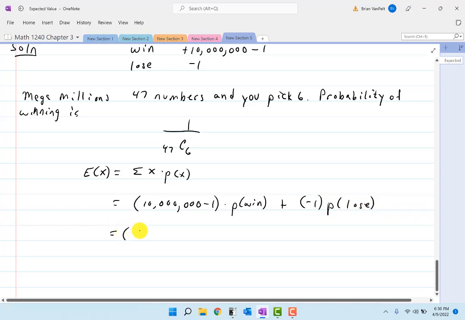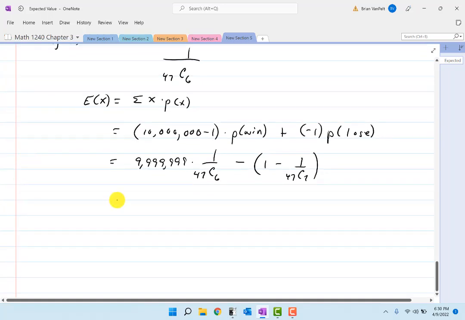So we have 9,999,999 times the probability of winning, which is 1 over 47C6. Then we have minus the probability of losing, which is 1 minus 1 over 47C6. And let's go ahead and calculate this number.